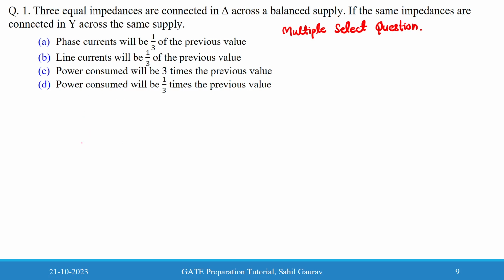So we can assume case 1 and case 2, and you have to compare case 2 with case 1. The first case is three equal impedances connected in delta across a balanced supply. So we have a balanced supply, and for simplification we can assume a resistive load.